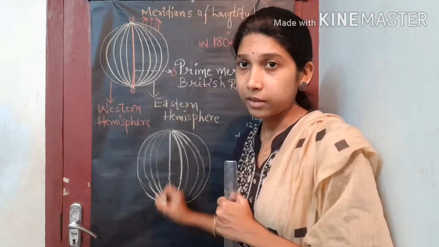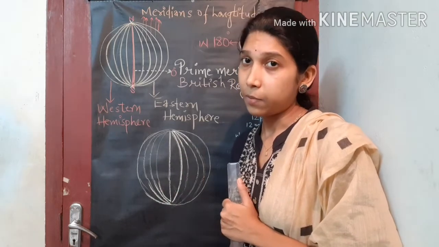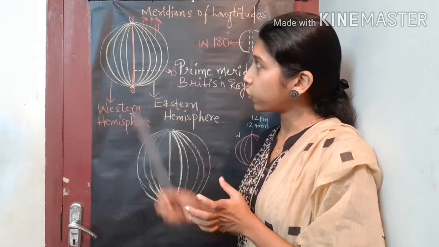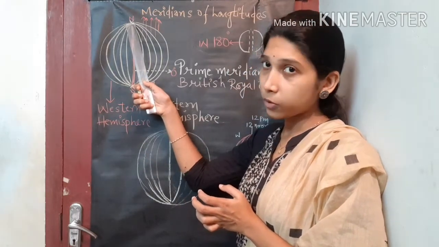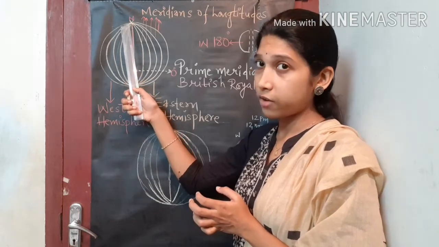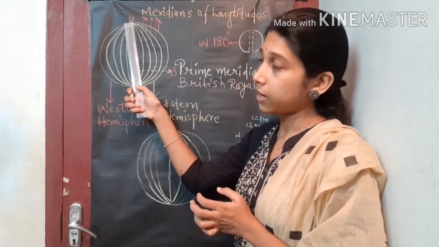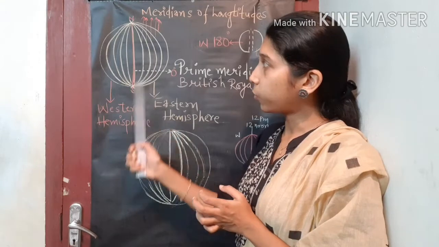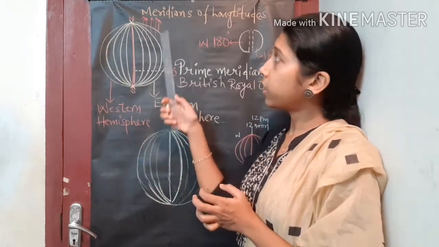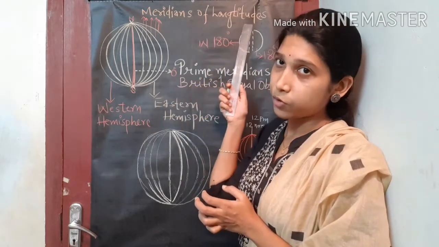We call these lines the meridians of longitudes. You can see in this picture, the lines run from the north pole to the south pole. These lines are called the meridians of longitudes.